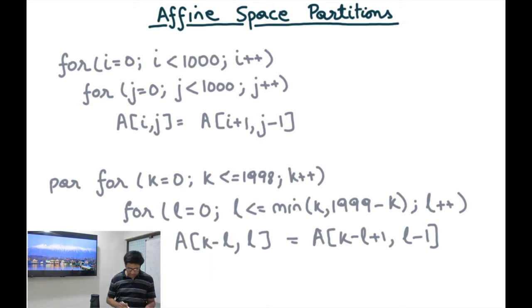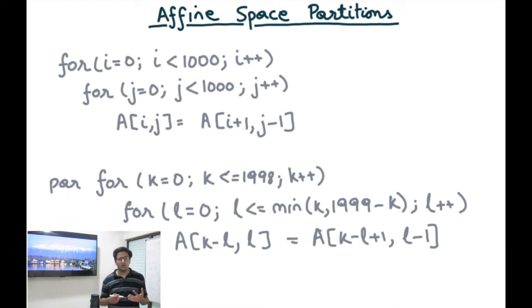The transformation is: for k equals 0 to 1998, for l equals 0 to minimum of k, 1999 minus k, a[k-l][l] equals a[k-l+1][l-1]. This program is data parallel on the first loop, the top-level outer loop, but the inner loop is not data parallel. There are dependencies across the inner loop, but no dependencies across the outer loop.